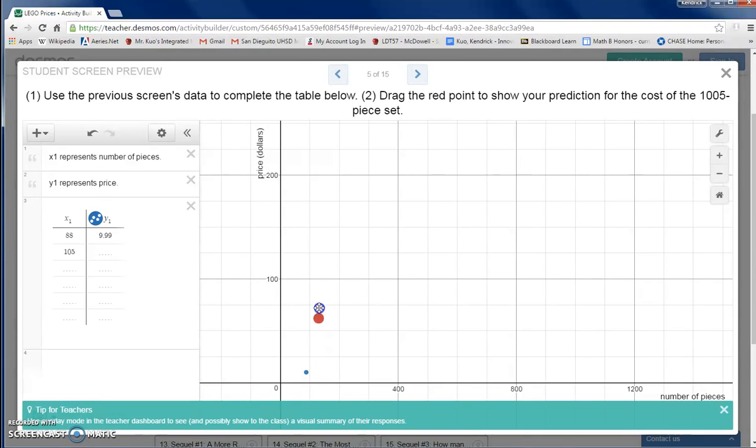So you'd want to go here, and the price is going to be somewhere, 145 for 17, too high. 105 for 12.99. So something about right here would be perfect.